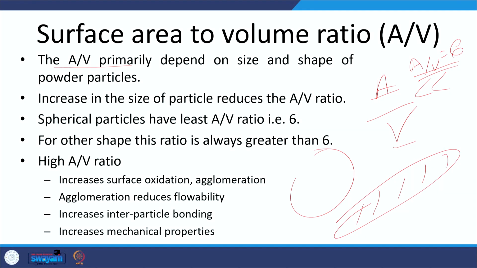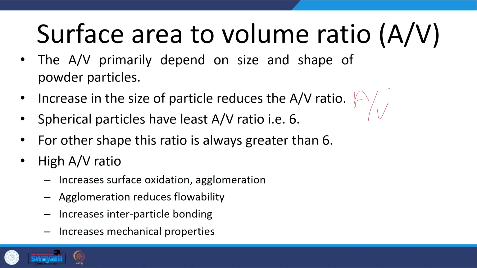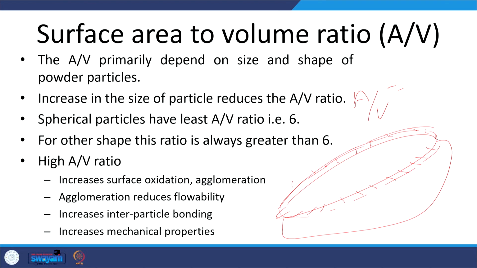Now, what happens when the A by V ratio is more? Like the surface area is more, so it will be more exposed to the environment to which it is getting exposed. So, the chances of impurity formation at the surface will be more. Interparticle, so with greater surface area, the contact between the powder particles at the surfaces will also be enhanced. So, if the surfaces are clean, then the diffusion across the interfaces will be enhanced. Okay.